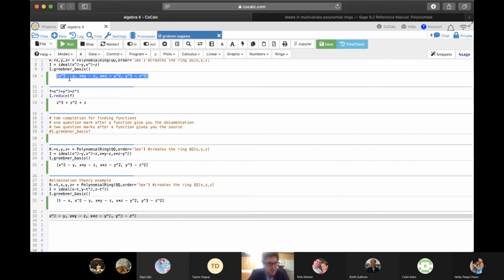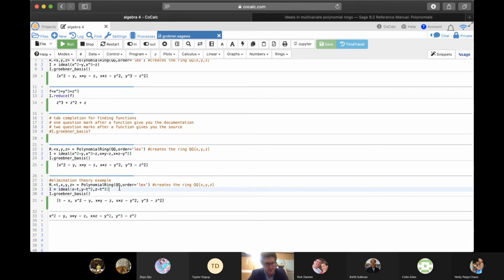So what this computation does is it allows us to compute images of maps. This is what's called elimination theory. I've made an ordering. I've done the graph of a function, phi of t, which is t, t squared, t cubed.